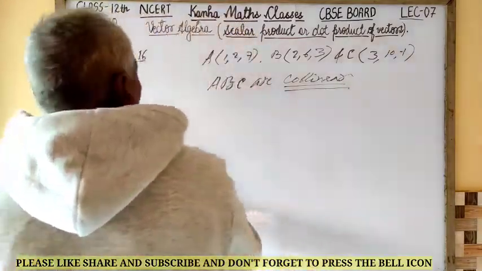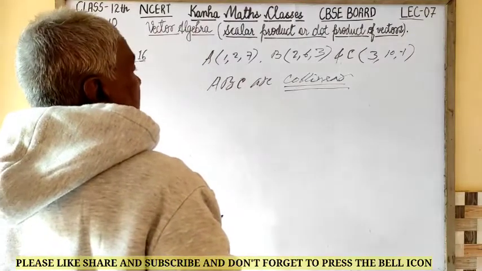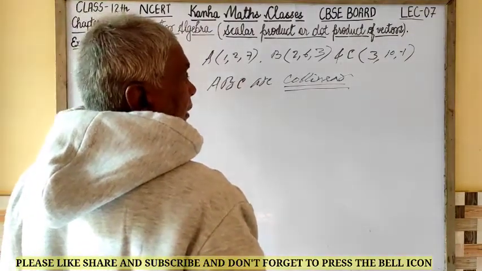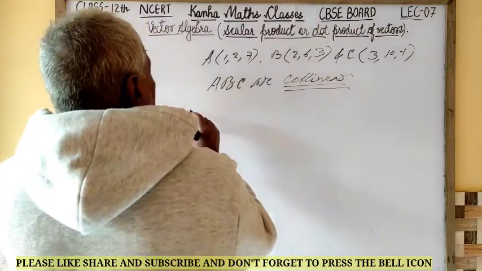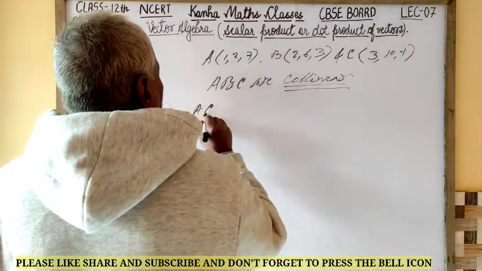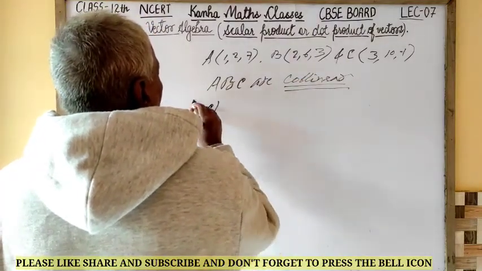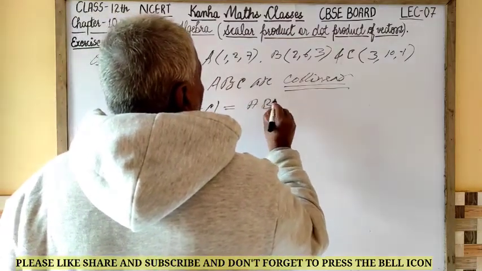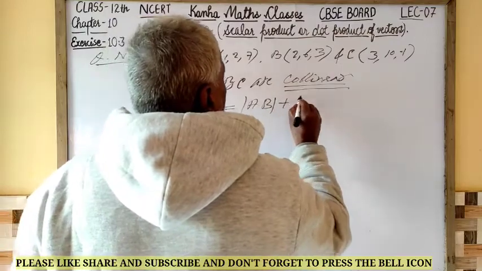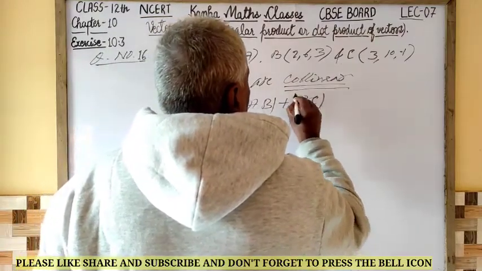You will have to prove that points A, B, C are collinear. Points A, B, C are collinear means mod of AC is equal to mod of AB plus mod of BC.